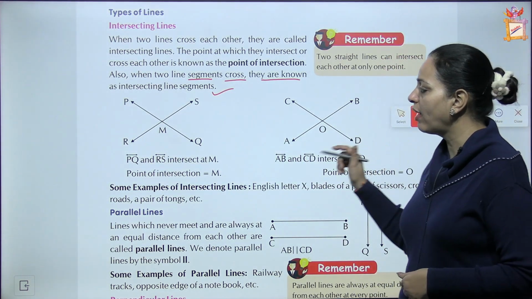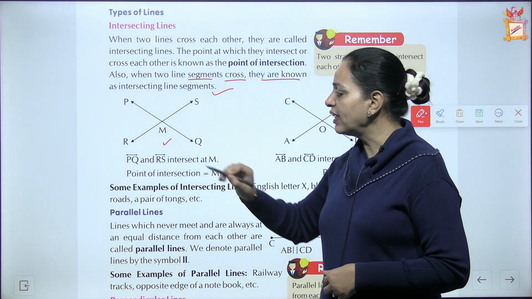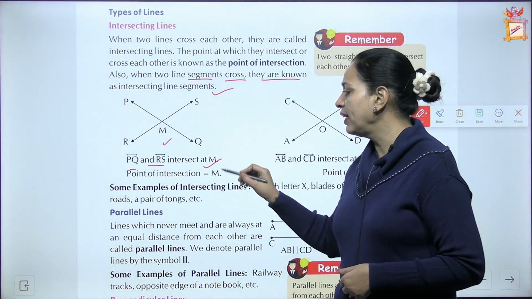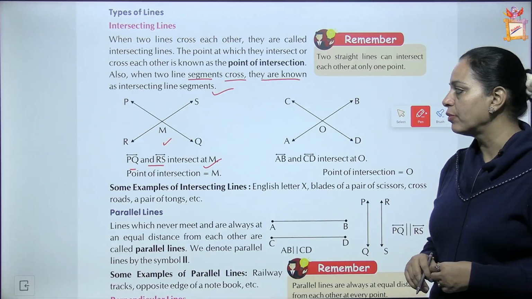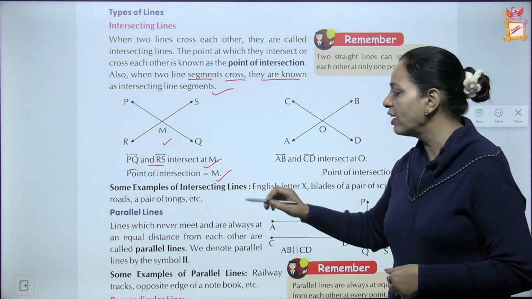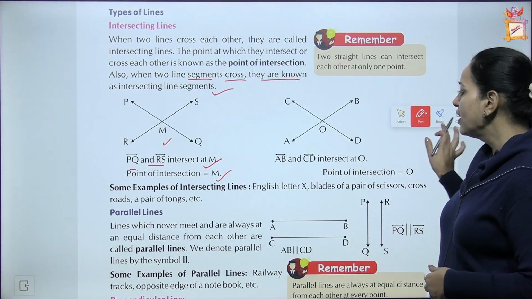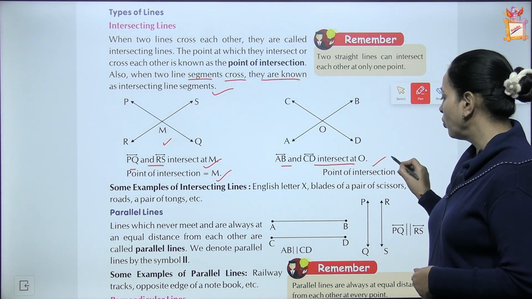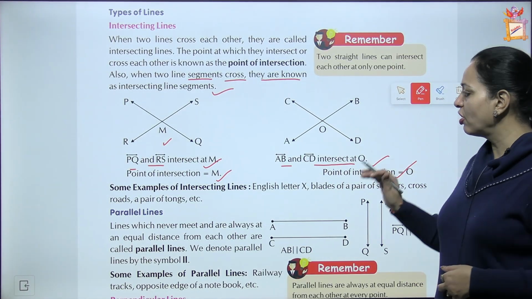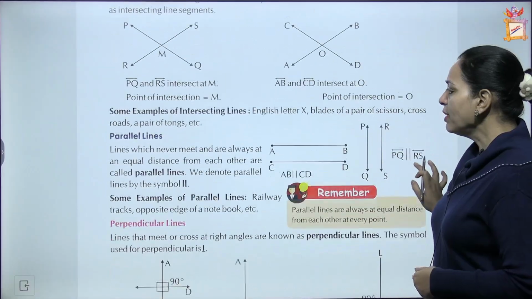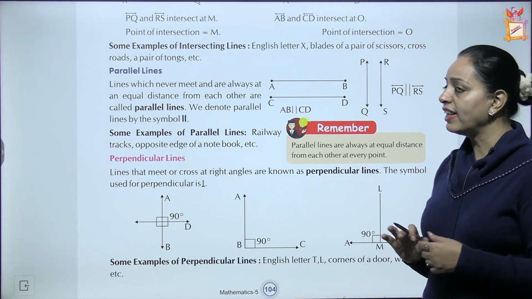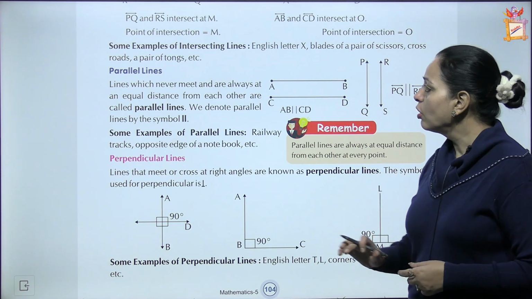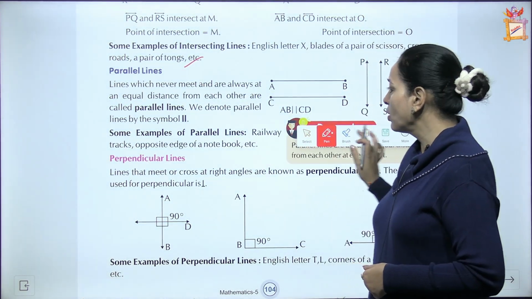Like PQ and RS, they are intersecting at point M. So the point of intersection is M, right? Here AB and CD are intersecting at point O. So the point of intersection is O. Some examples of intersecting lines are the English letter X, blades of a pair of scissors, crossroads, a pair of tongs, etc.